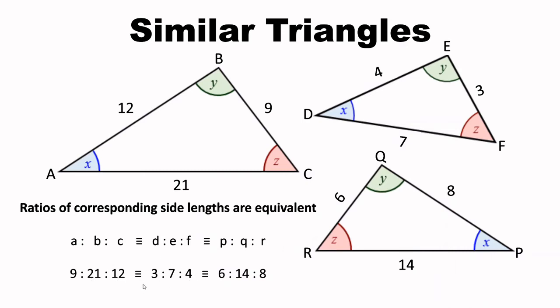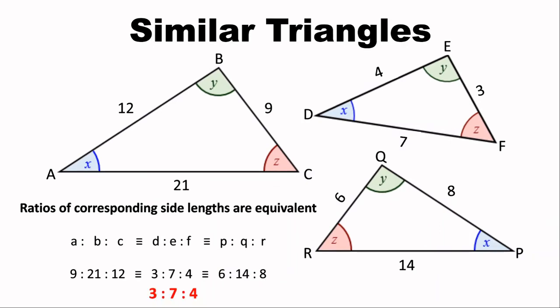This middle ratio here is already in its simplified form. There is no common factor apart from one that they could all be divided by. And this last ratio here, all values could be divided by 2. 6 divided by 2 gives 3, 14 divided by 2 gives 7, and 8 divided by 2 gives 4. So all three of these ratios are equivalent to the ratio 3, 7, 4.